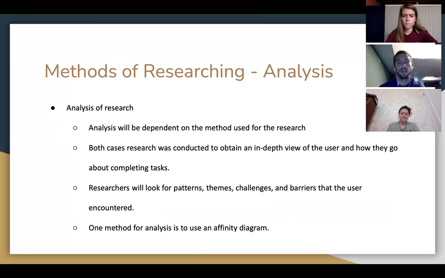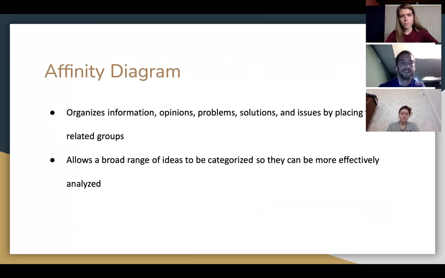And one method that is commonly used is an affinity diagram. For an affinity diagram, it just organizes information, opinions, problems, solutions, and issues by placing them in related groups. This allows a broad range of ideas to be categorized so they can be more effectively analyzed.